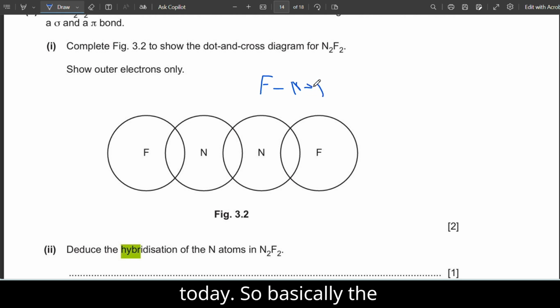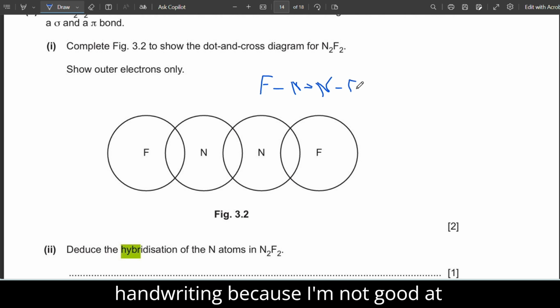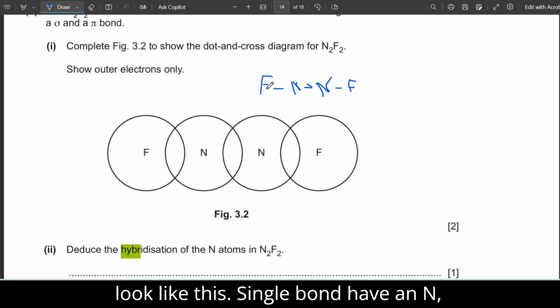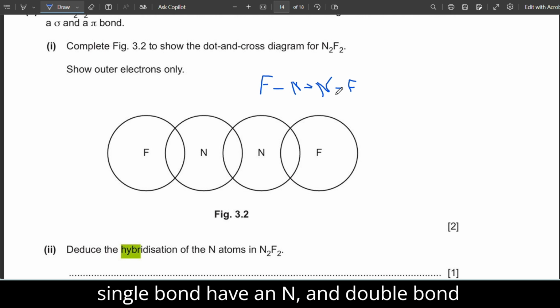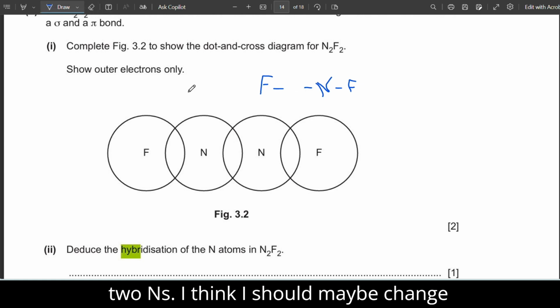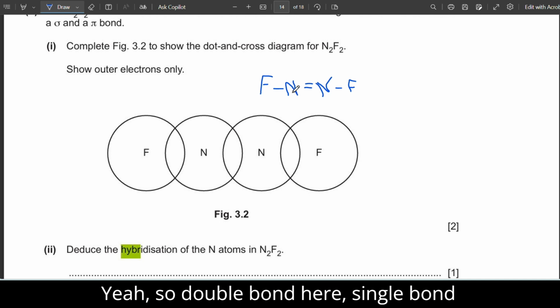So basically the N2F2 looks like this. Sorry for the bad handwriting because I'm not good at drawing with a mouse. Single bond to an N, single bond to an N, and double bond between the two Ns. Yeah. So double bond here, single bond here.